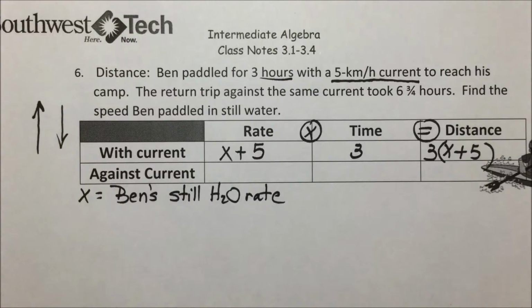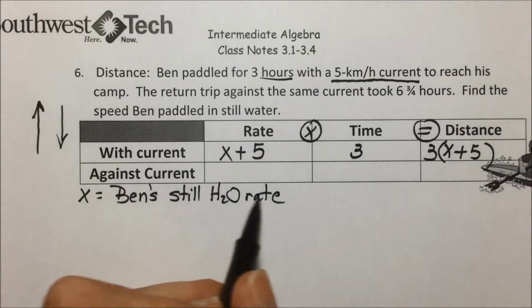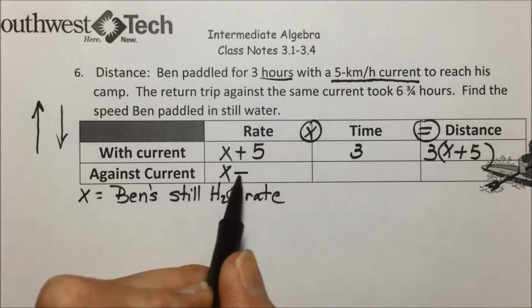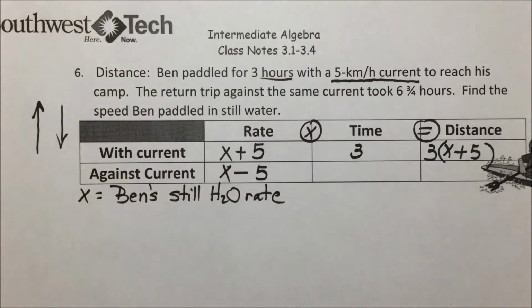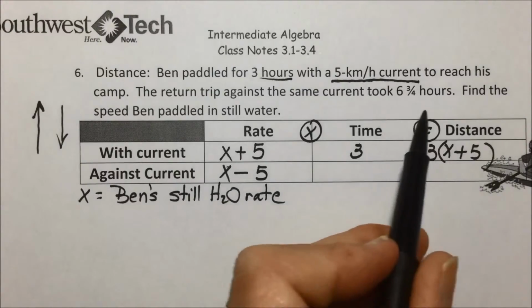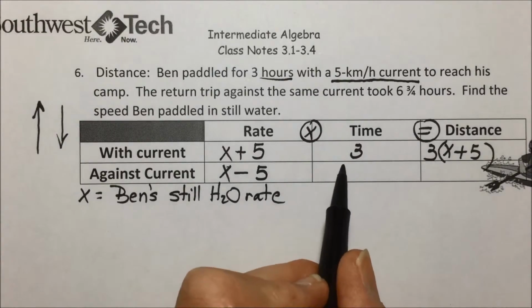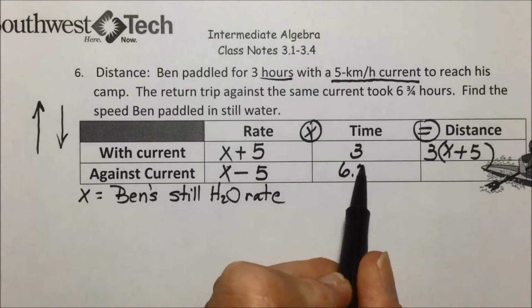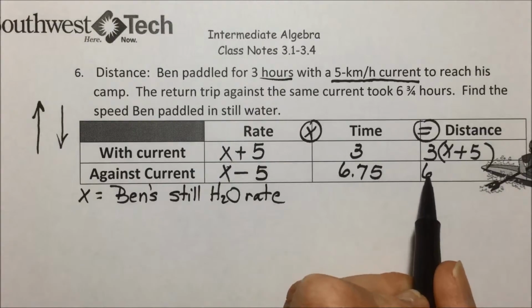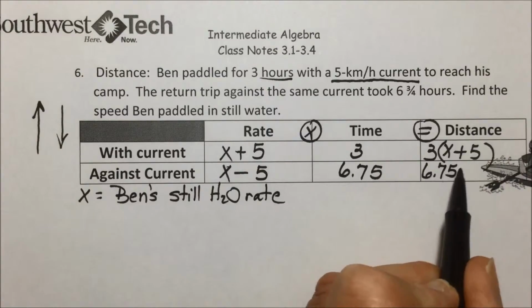If a viewer was on the shore, they would see that his still water rate would be reduced by the current, or the speed of the river, resulting in a representation of his speed against the current as x minus 5. And it's telling us that it took him 6 3/4 hours, or decimal equivalency 6.75. Rate times time, we can fill in our last cell here in the table.